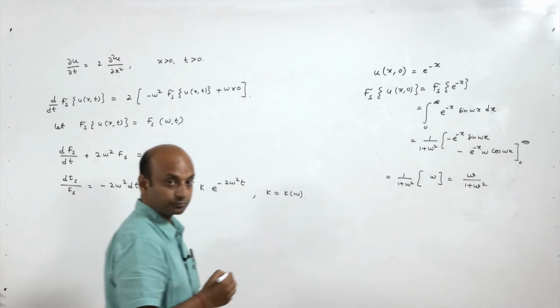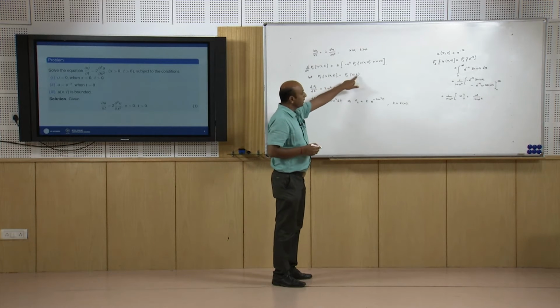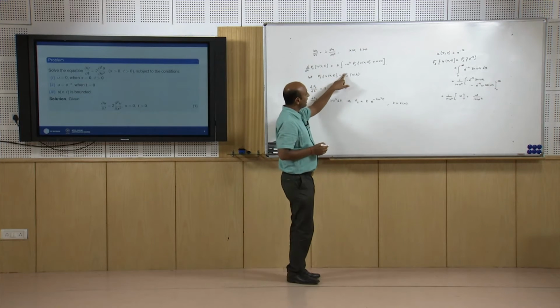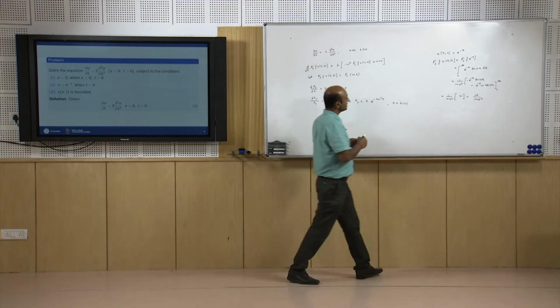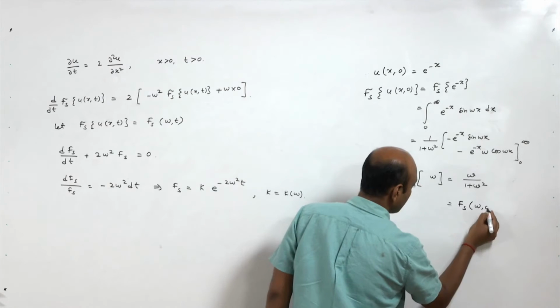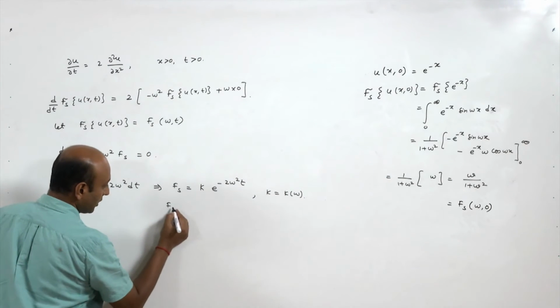Okay. Now, when you take t equal to 0 here, the Fourier sine transform of u(x,0) will be nothing but F_s(omega,0).